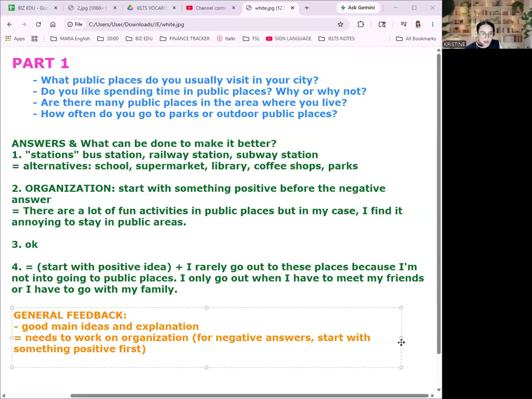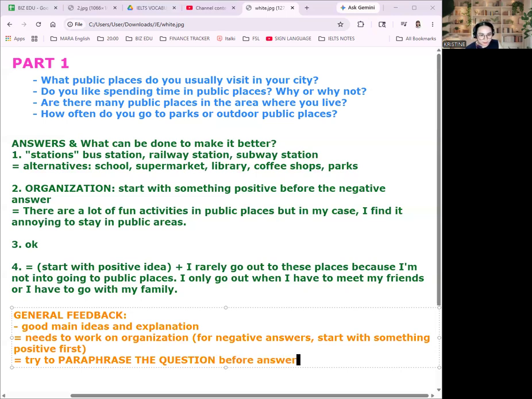Another thing here, Peter, is I would also suggest that you try to paraphrase the question before answering. So, what do we mean by paraphrasing of the question? That means, Peter, before you answer the question, you paraphrase the question first.